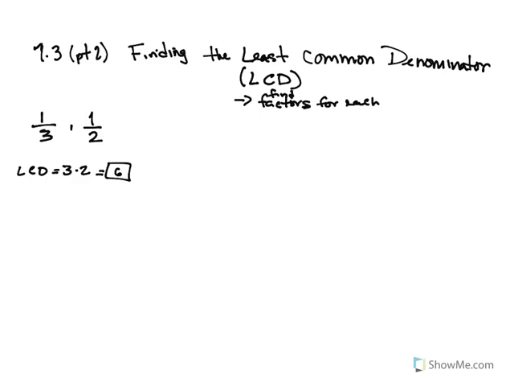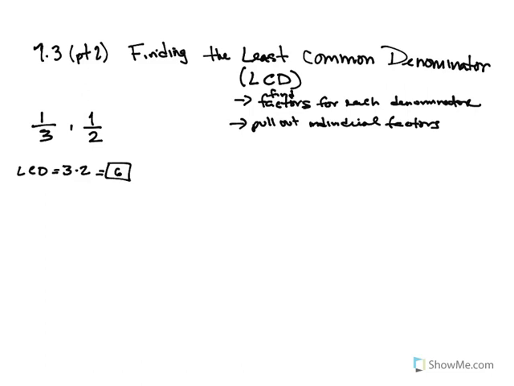So you find the factors of each denominator and you pull out individual factors. So for 3 and 2, we used the 3 and we used the 2.